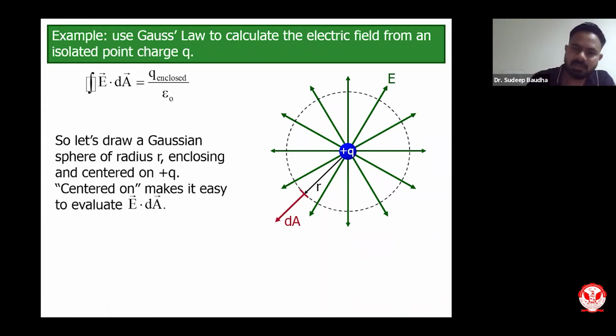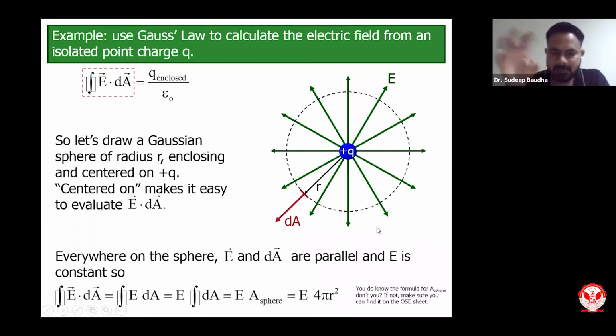Let me select r, the radius of the sphere, and you can see dA is always pointing outward like this, and it is parallel to the electric field, as you can visualize from the diagram. Everywhere on the sphere, E and dA are parallel, and E is constant.